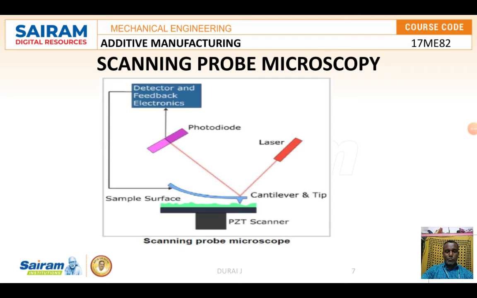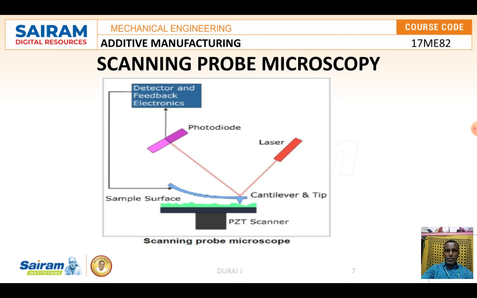In the contact mode, the force between the tip and the surface is kept constant. This allows the scientist to quickly image the surface. But in the tapping mode, the cantilever oscillates, intermittently touching the surface.